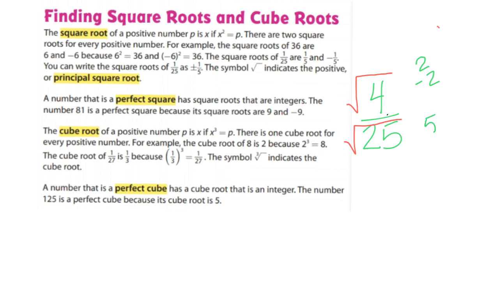Well, 5 times 5 is 25, but negative 5 times negative 5 also gives you 25. So you must consider for your answer the positive and negative numbers. And so your solution is written like this: positive and negative 2/5.